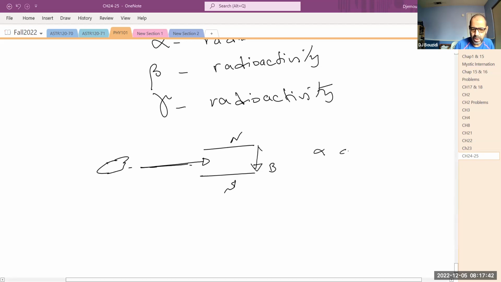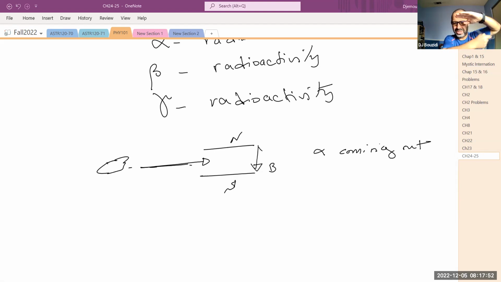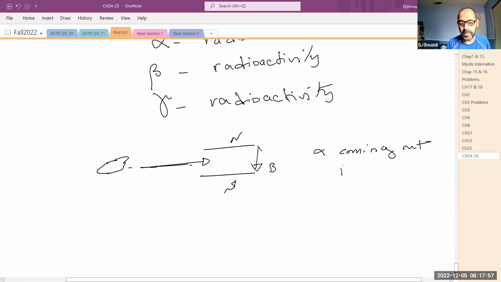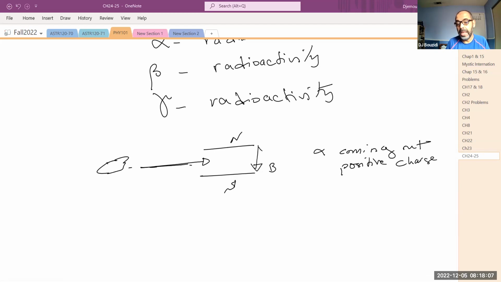So alpha particles are coming out towards me. So whenever I see particles that, if I put them in a magnetic field in this direction and the particles are moving this way, bend this way, I know that they are positively charged. So this has a positive charge. Furthermore, I can see the bending, how much bending it is, and I can find the ratio of charge over mass. Not only that, I know how much charge compared to that of an electron.